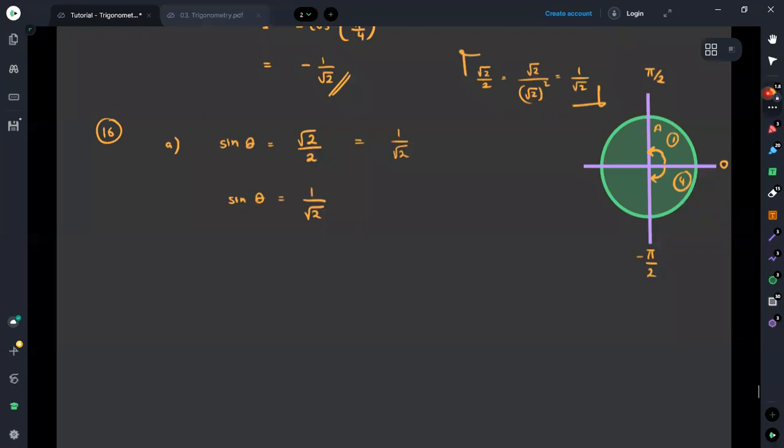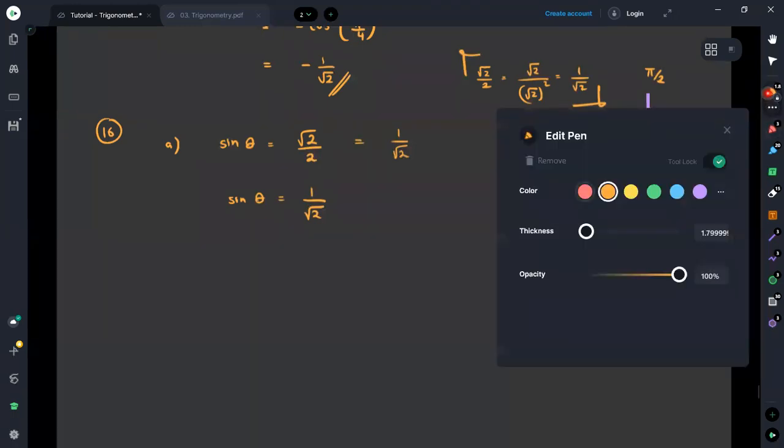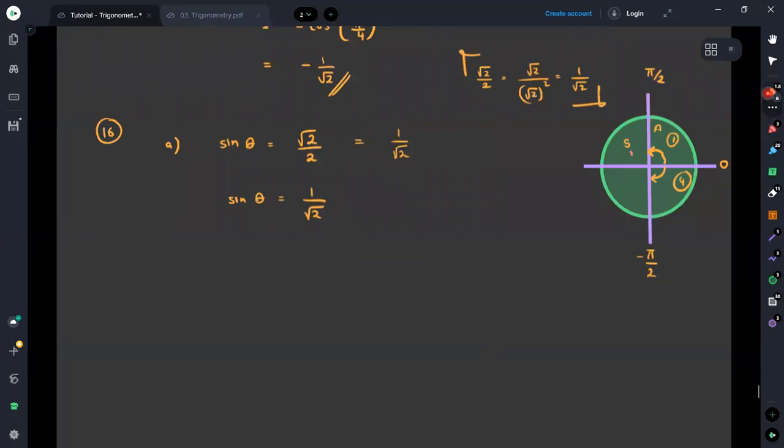But according to the quadrant rule, sine can be positive in the first and the second quadrant, and in the fourth quadrant sine should be negative. Therefore, this value should be only in the first quadrant. It cannot be in the fourth quadrant since we are getting sine theta as a positive value.